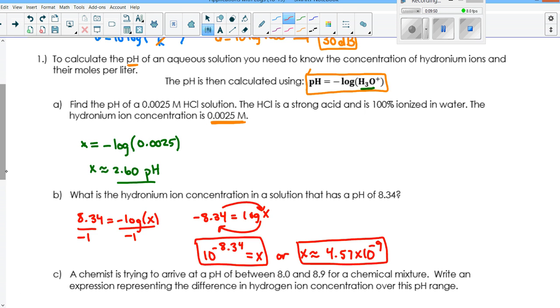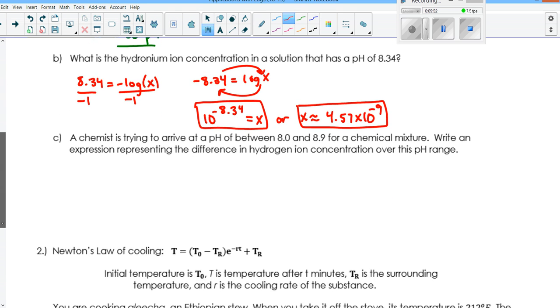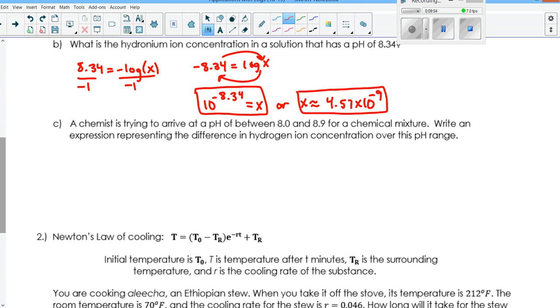Let's try the next one. A chemist is trying to arrive at a pH of between 8 and 8.9 for a chemical mixture. Write an expression representing the difference in hydrogen ion concentration over this pH range. Some of the important wording in this problem is that this is talking about a range, and we're trying to be between these two. So we basically have to solve two problems.